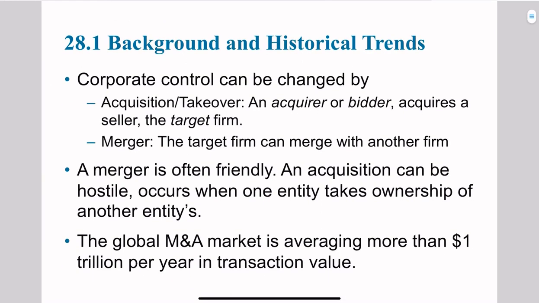Generally, merger is friendly. Friendly means that the boards of directors of both firms agree to merge with each other. Acquisition can be hostile. If it's hostile, it generally means that the target firm doesn't want to get acquired by the acquiring firm. But then the acquiring firm will still try to take over this target firm.